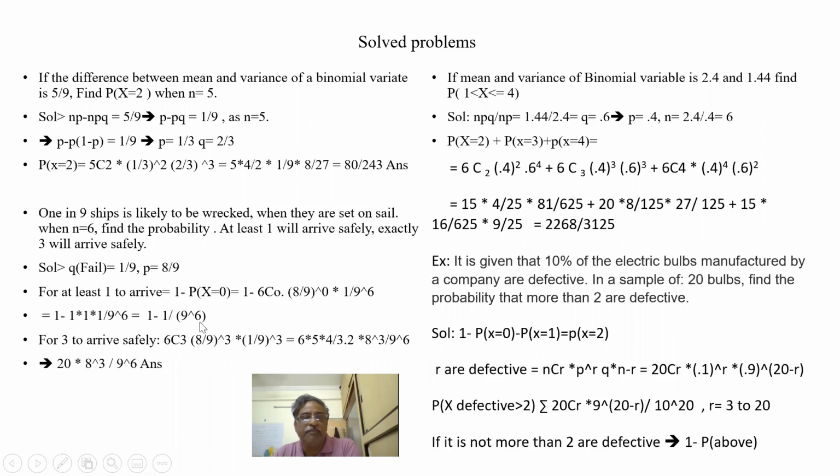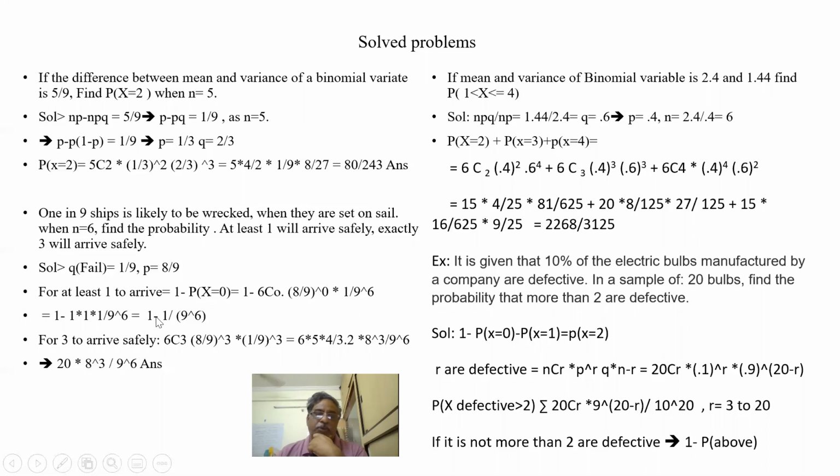So 1 minus, what is x is 0? 6C0 into p to the power of 0 into q to the power of n minus 0. Here p, success, is 8 by 9, q is 1 by 9. So 1 minus 1 by 9 to the power of 6.